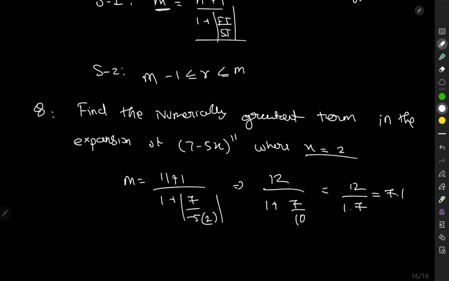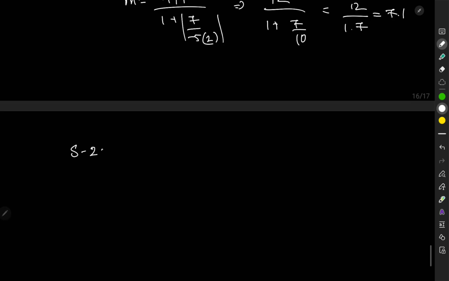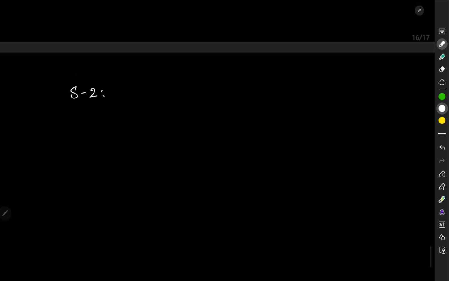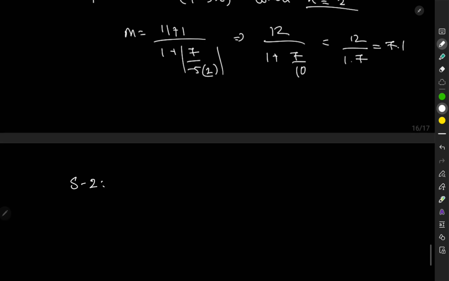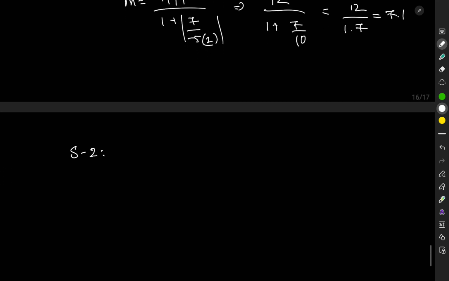So now we will be going for the second step. We are applying that range. Fine. So this is the value of m, right? So what is m minus 1, which is 6.1, less than or equal to r, which is less than or equal to 7.1 itself.